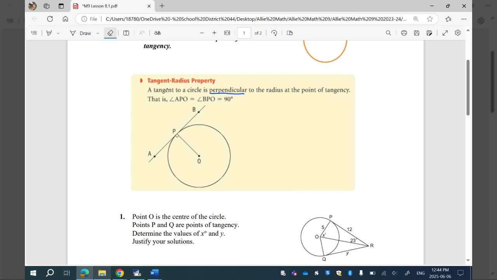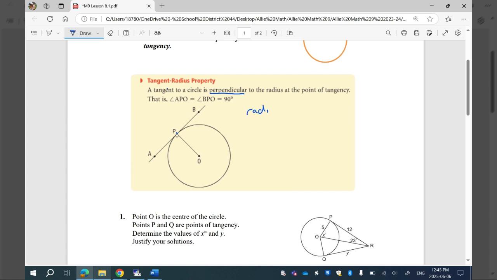And at the point of tangency, remember that's the one point where our tangent, this line right there, intersects with the outside of the circle, and that's perpendicular to the radius. The radius is, remember, the distance between the center of the circle to the outside. Maybe I could put that down.